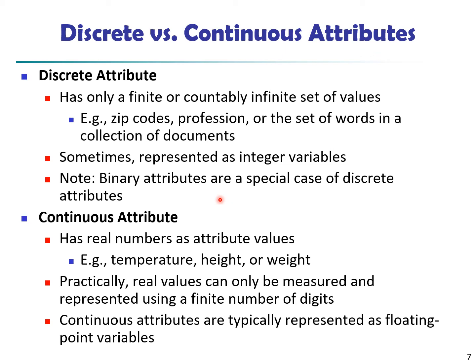You cannot really think of a limit between them, because there is always room for a fraction between these numbers. So continuous attributes are usually represented by real data or floating point variables, and discrete attributes are represented by integer variables.